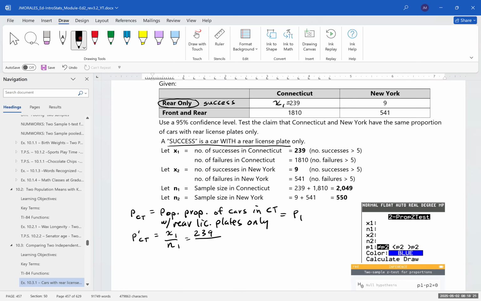And what is N1 going to be? N1 is the total sample size of Connecticut. So the total sample size of Connecticut is both rear license plate cars and front and rear license plate cars. It's going to be 239 plus 1,810, or 2,049.